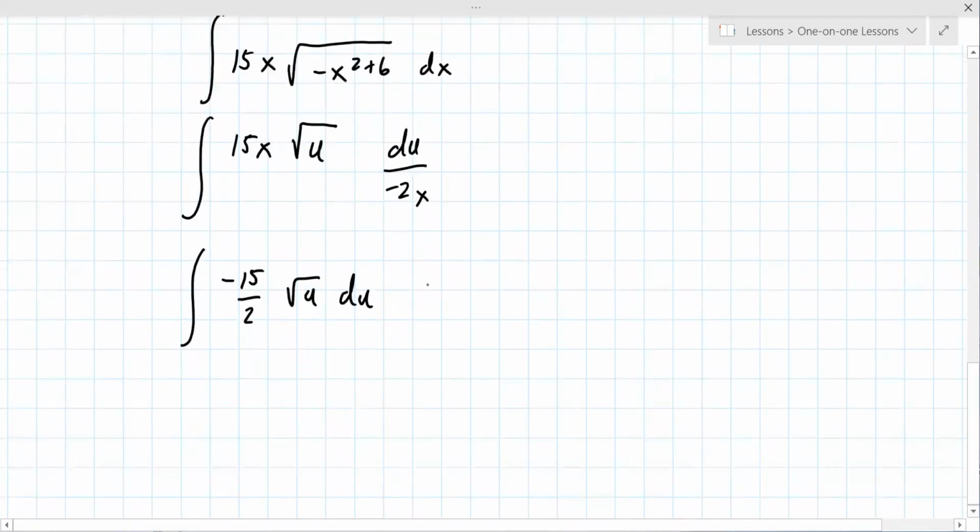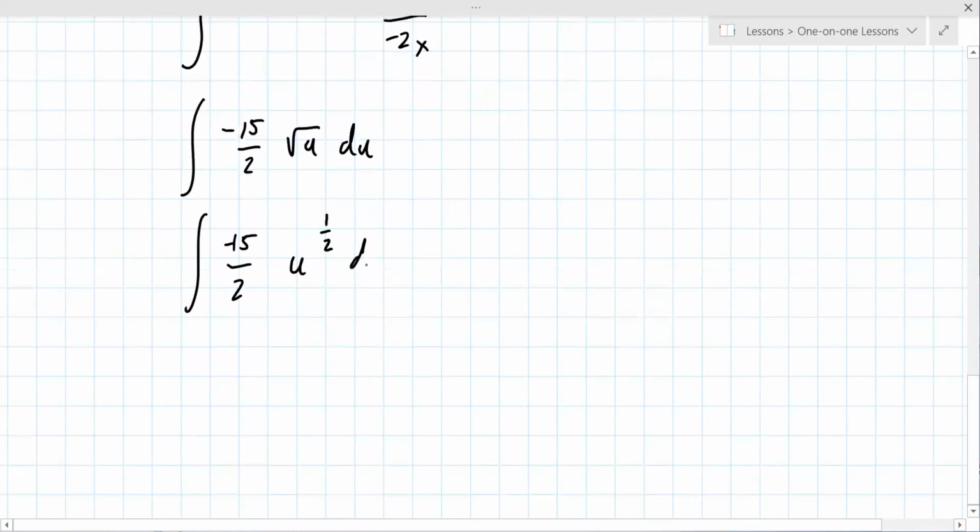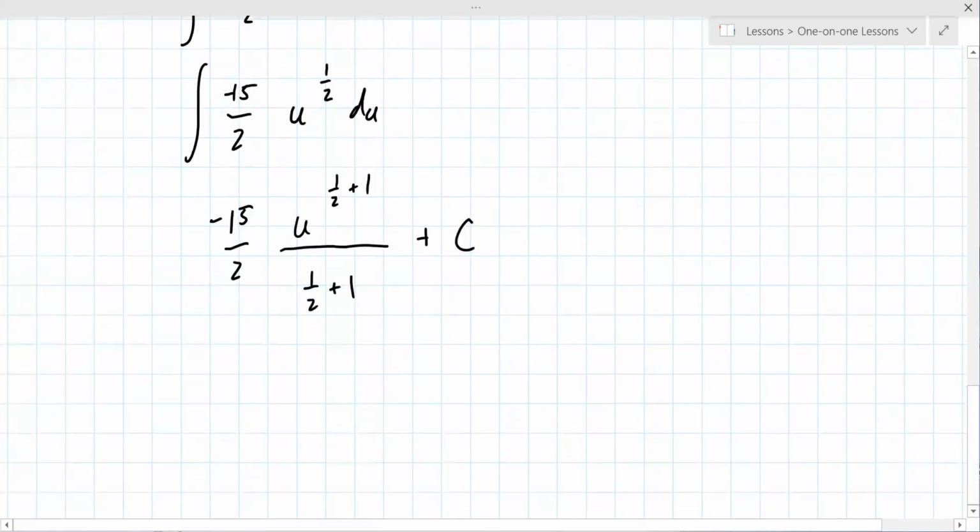So this line here, a better way to write it is u to the 1/2 power. Okay. So when you take the integral, you add 1 to the exponent, and your new denominator is 1/2 plus 1, and then you still have this minus 15 halves plus c, and now it's just a matter of simplifying.